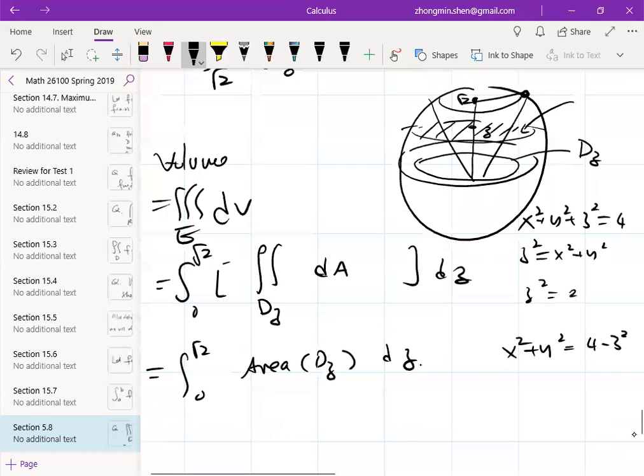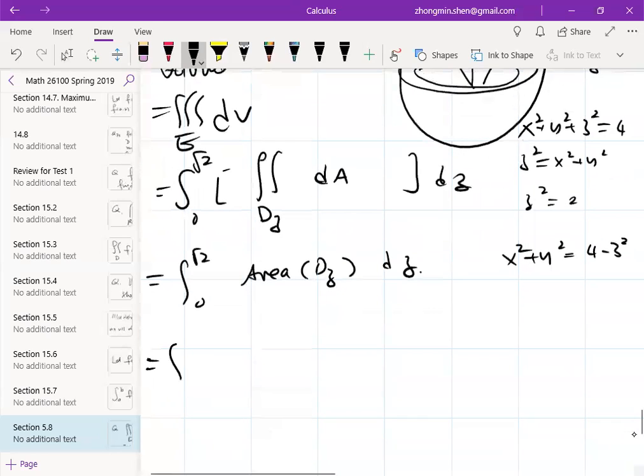So the radius squared is 4 minus z squared. So it's going to be pi r squared, pi times (4 minus z squared) dz. It's not too bad. That's another way to do the problem. Then you simplify it. So I'm stopping here. You can do the rest of that.